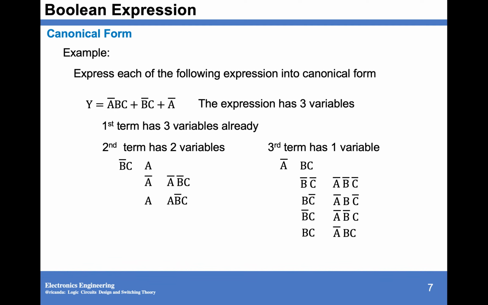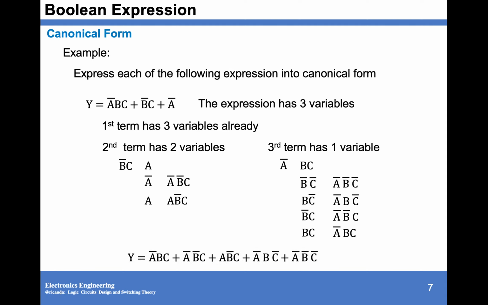Then if there are expressions or terms that have the same value, you have to write it once. So in this example, for your first term, we have A bar B C, and under your third term, we have also A bar B C. We can write only once for that particular duplicate expression.